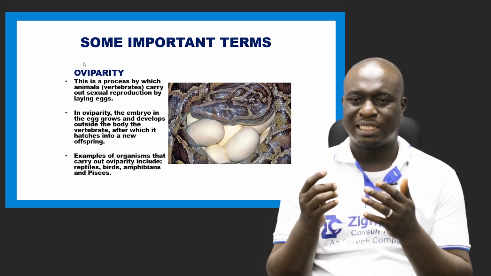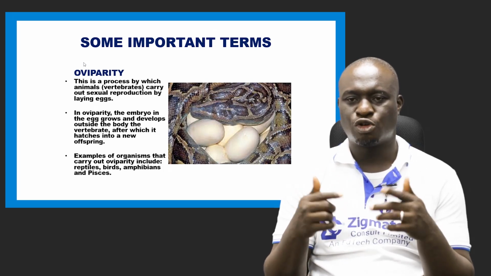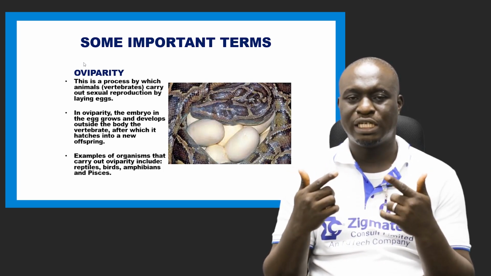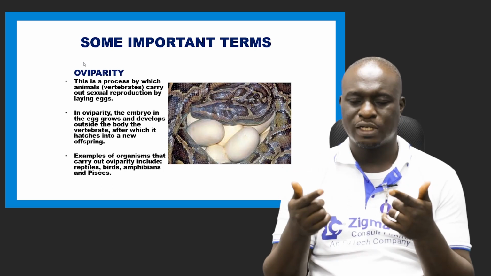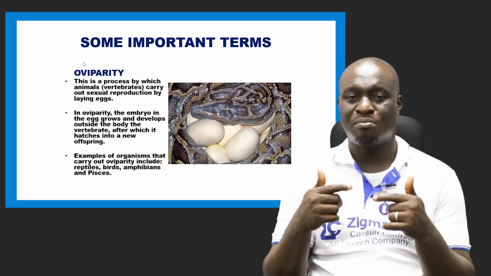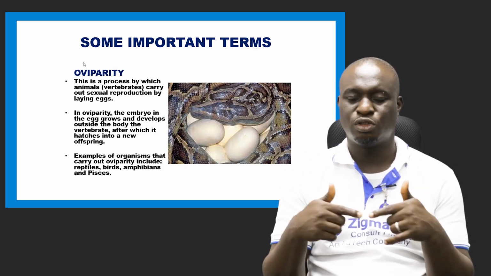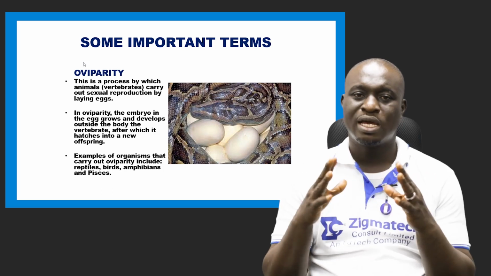Number two is that the embryo develops and grows outside the body of the parent organism. And number three, both embryos develop into a new individual.